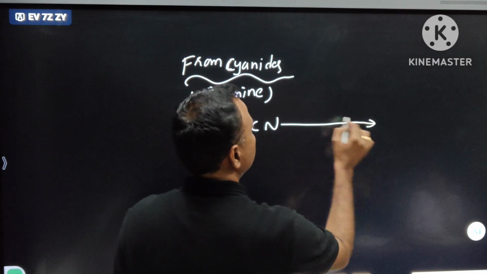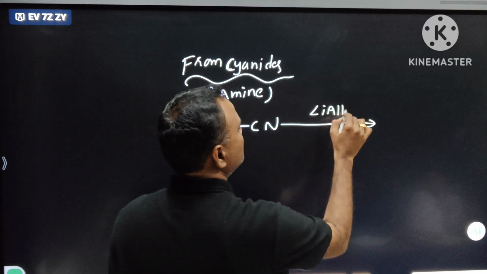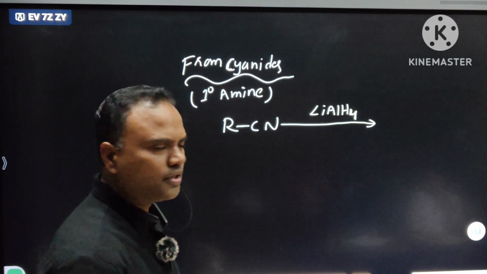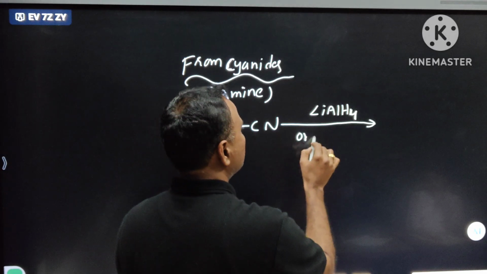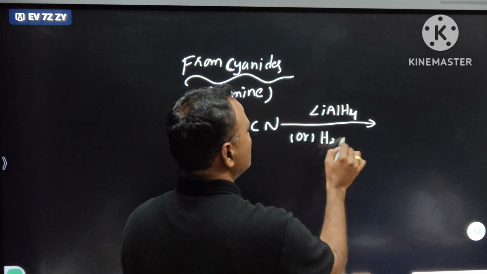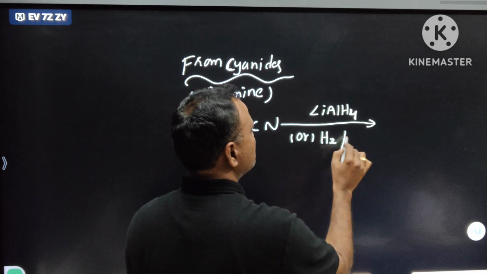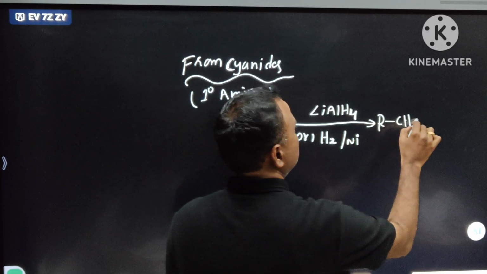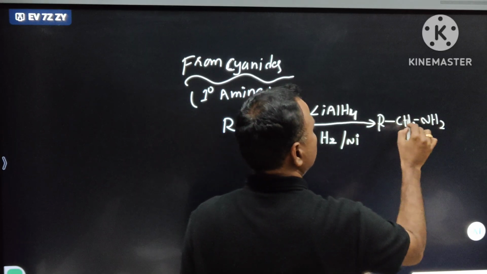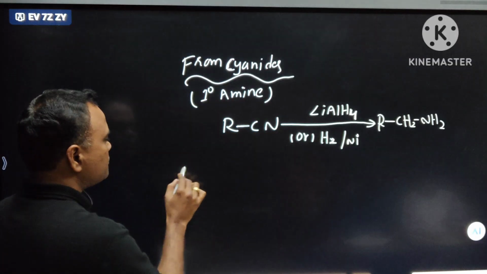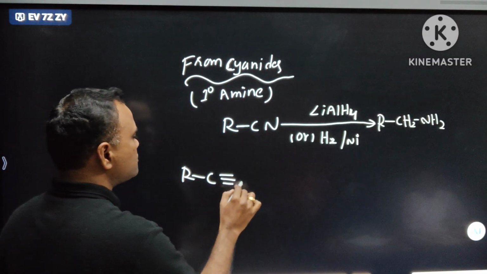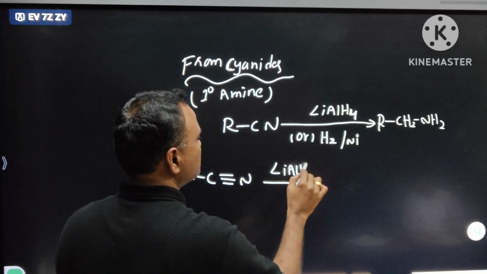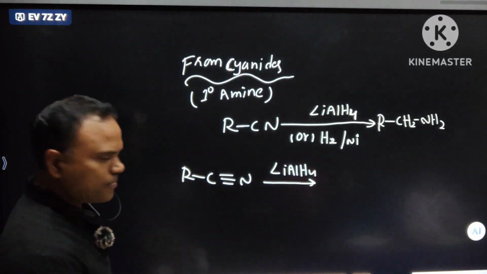Cyanides treated with lithium aluminum hydride, a powerful reducing agent, or H2 with nickel under high temperature, give RCH2NH2. This is a shortcut mechanism, not the original mechanism. Just to write the product in the easiest way, you can remember it like this.